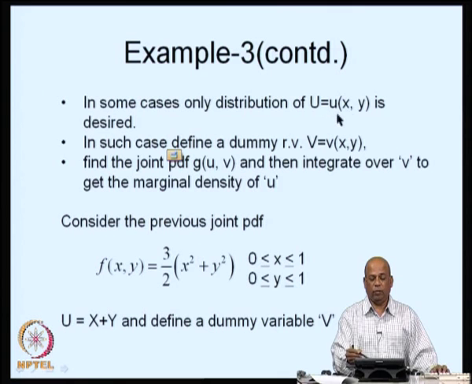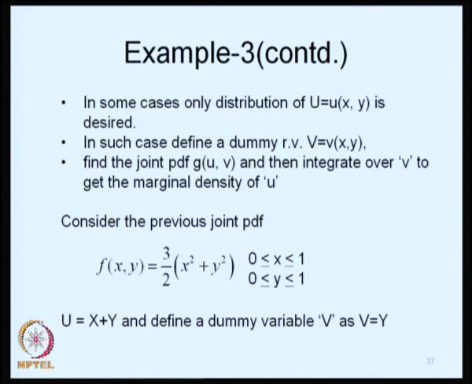So, when you are given only one function, you can still follow the same procedure by artificially introducing another convenient function, so that it does not introduce any complexities in your computations, and then obtain the joint density function by following the same procedure.